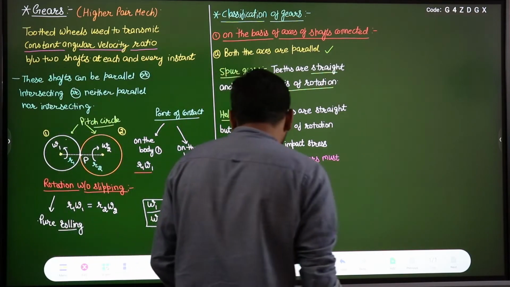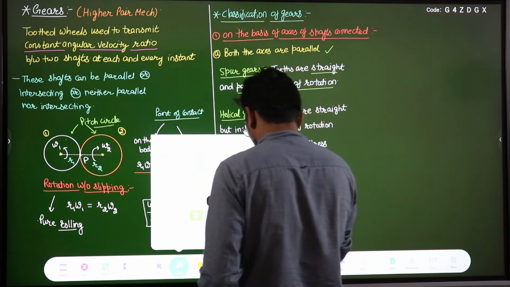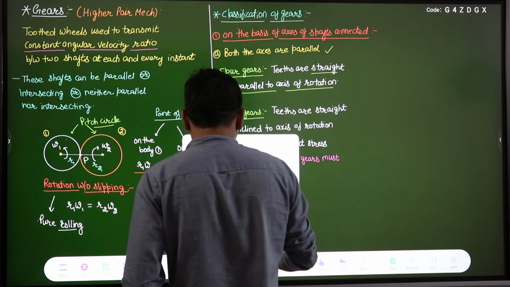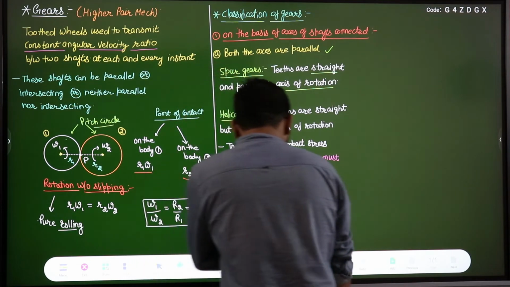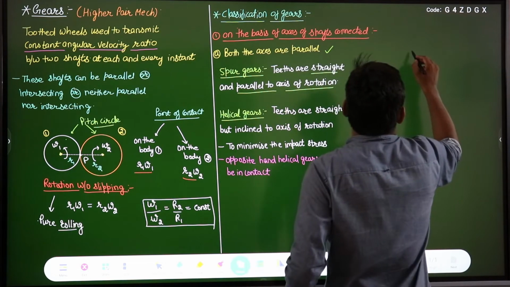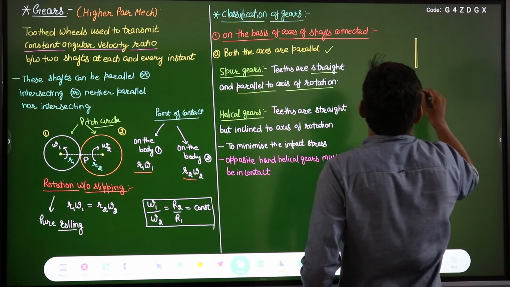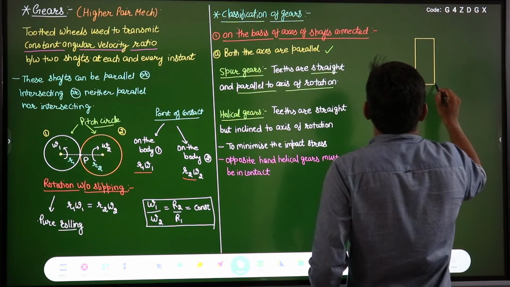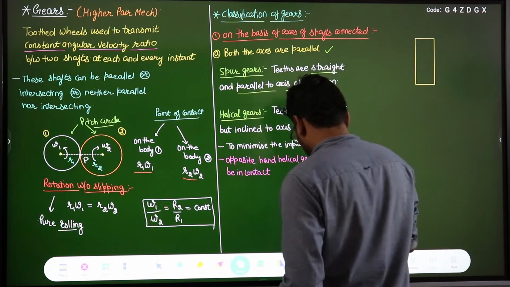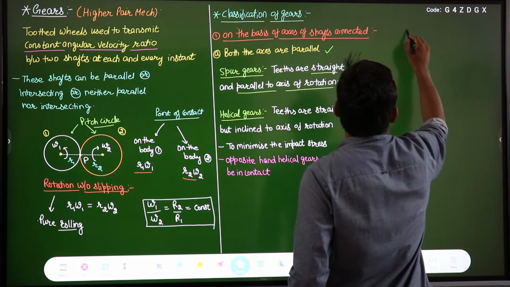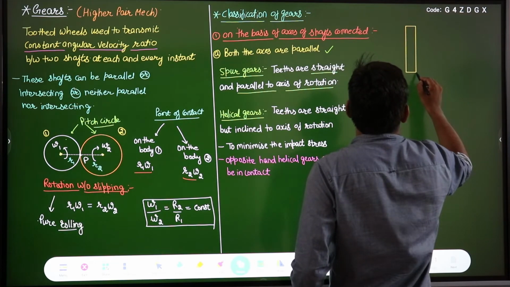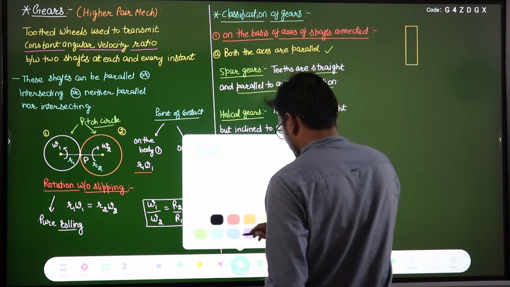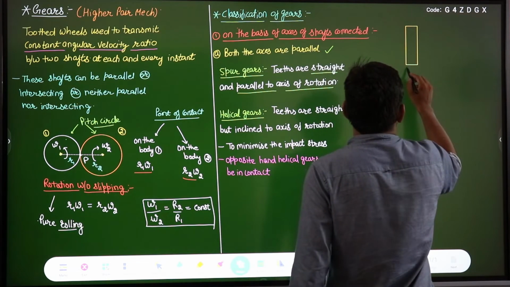So let me draw the diagram. Let us say this is the first gear. Similarly, let us say this is the second spur gear.